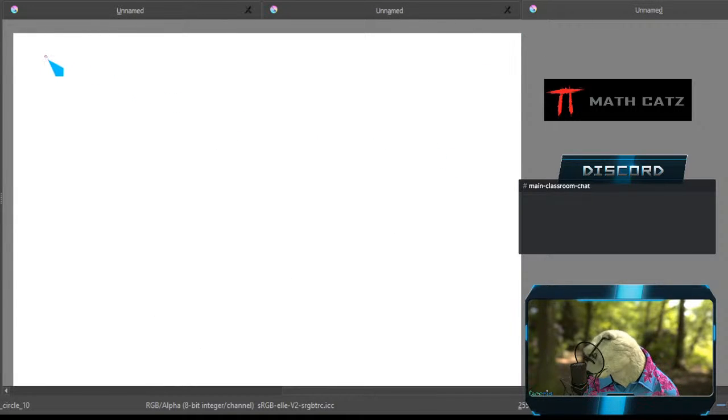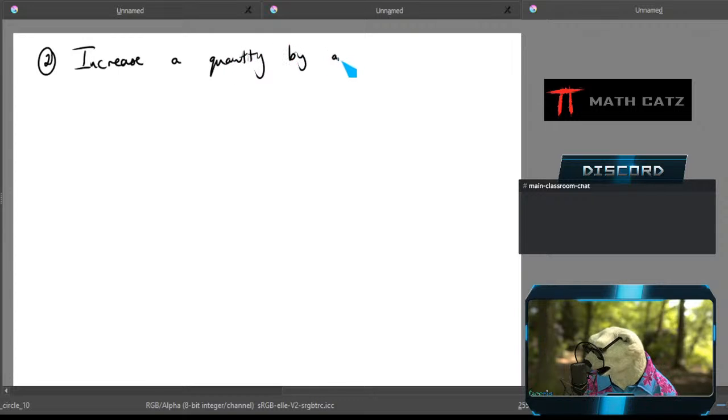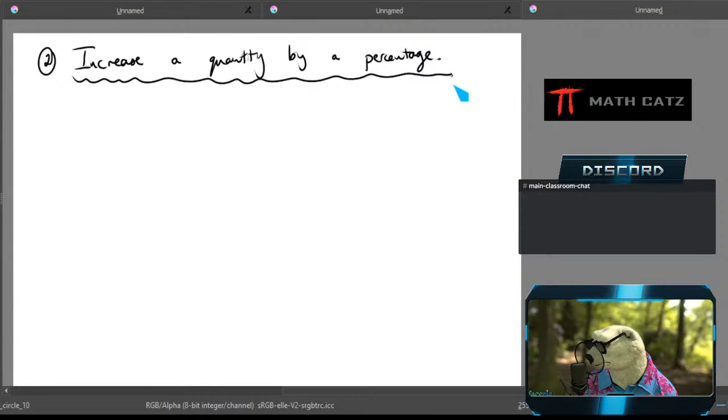Okay, so next up, number 2, is to increase a quantity by a percentage. Now, for me here, intuitively, it feels better to talk about dollar amounts.